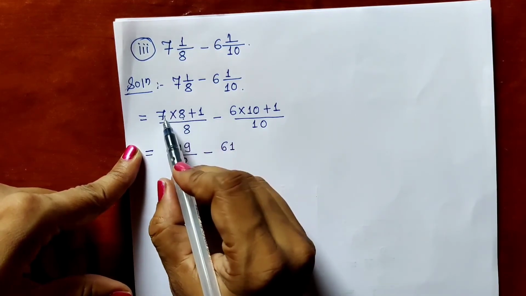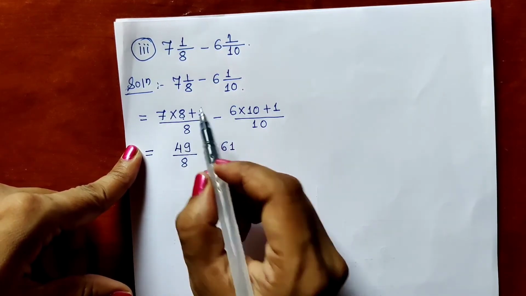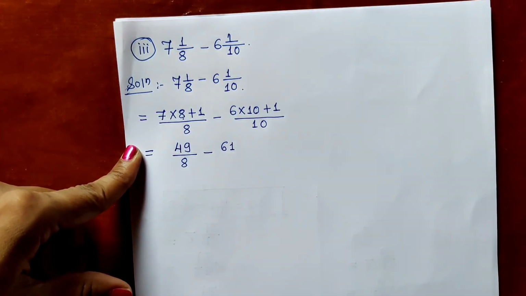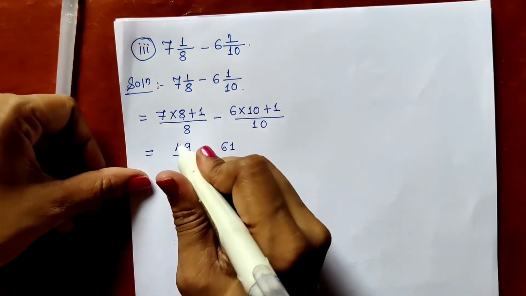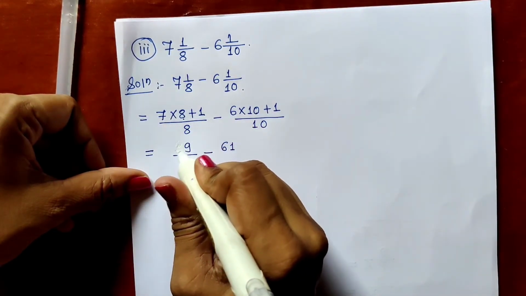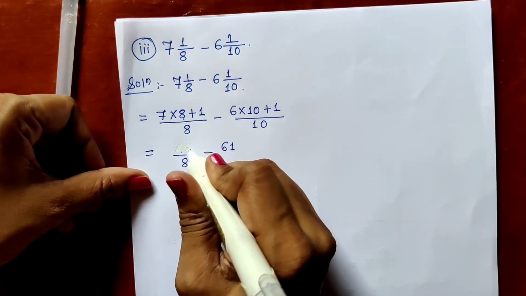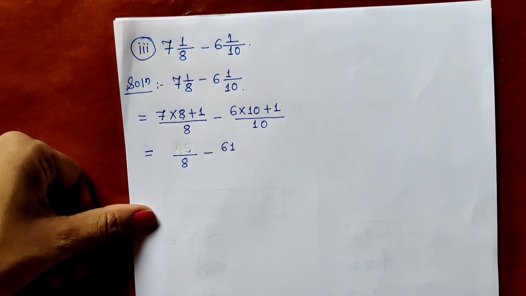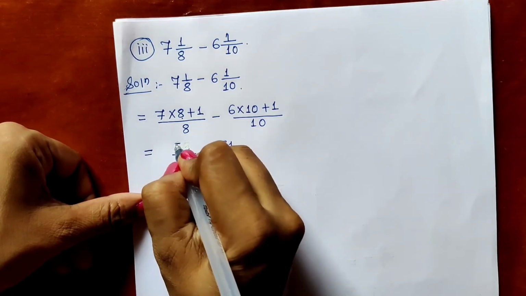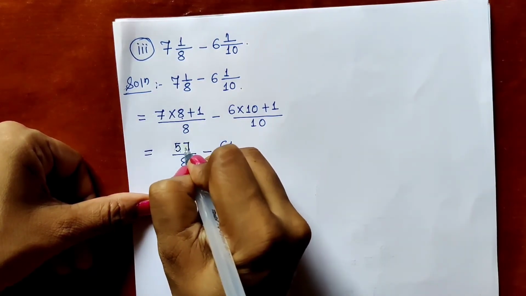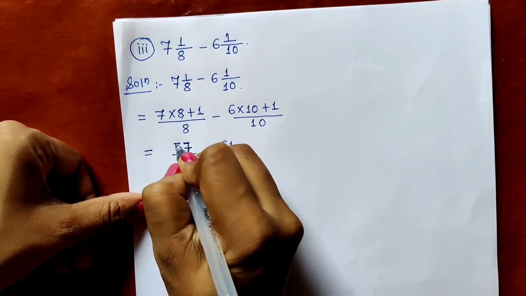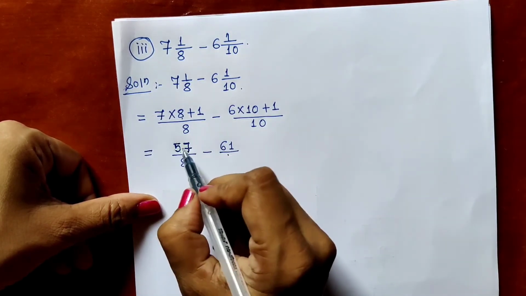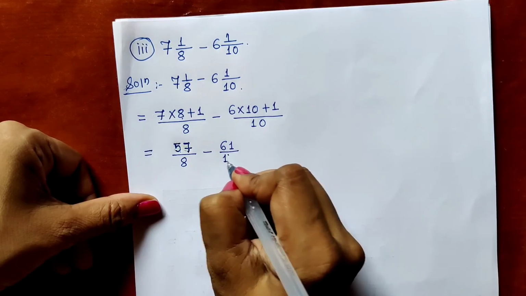Sorry, 7 8s are 56. 56 plus 1, 57, correct? This is 57. Let me make the correction here. Okay, 57 upon 8, 61 upon 10.